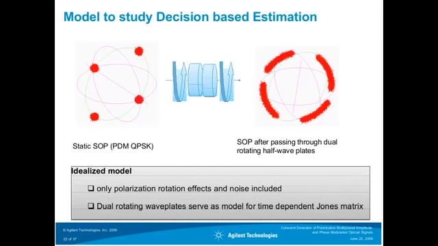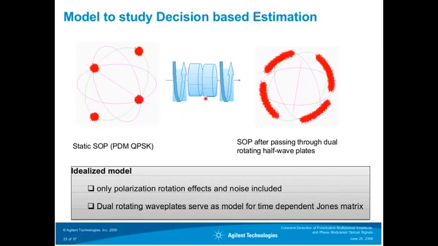So we have set up a model to study the decision-based estimation. What we started out with again is a QPSK signal, polarization-division multiplexed. We have again those 4 states of polarization I introduced in the slides before, and that's a static state of polarization in this case. To model the rotation or the fluctuation of your channel, we have chosen a very simple model of 2 rotating wave plates.